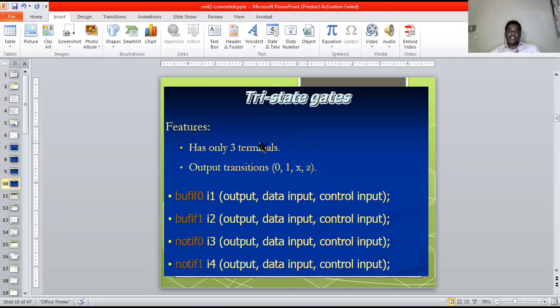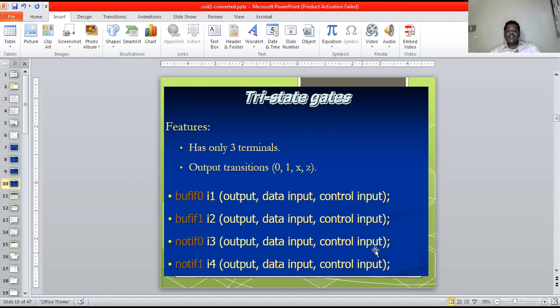Before that, I should know what a tri-state gate is. It has a control signal, a control input, and the control input controls the data input. It produces some output here. Similarly, there is bufif0, and the next tri-state gate is known as bufif1. The next tri-state gate is known as notif0, and the next is known as notif1 here.